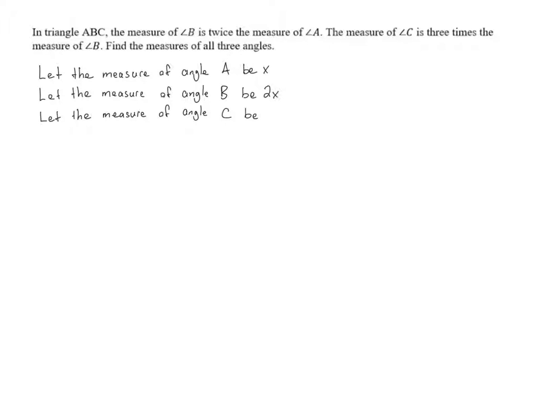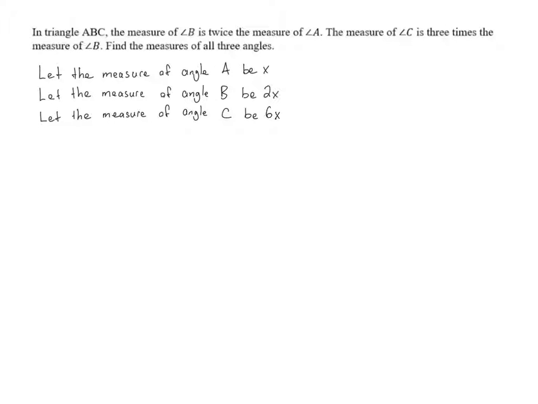It's 3 times the measure of angle B. The measure of angle B is 2x, and the measure of angle C is 3 times that much. Well, what's 3 times 2x? 3 times 2 is 6. That ends up being 6x.